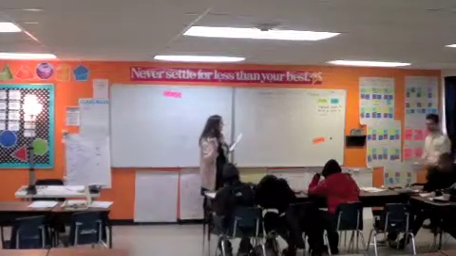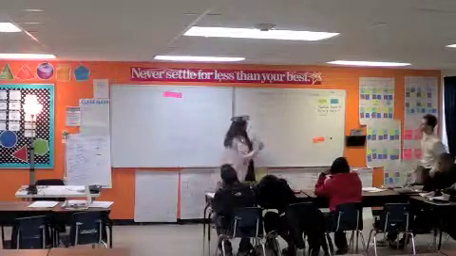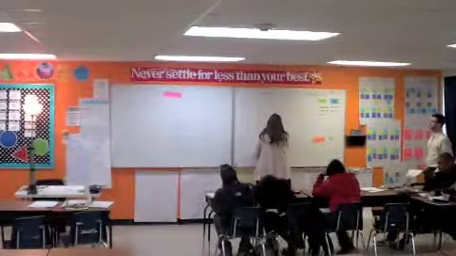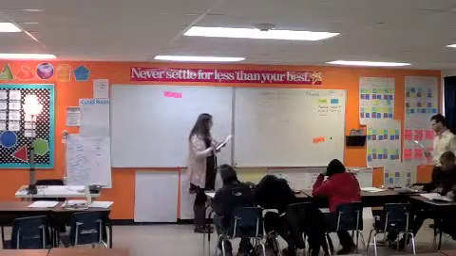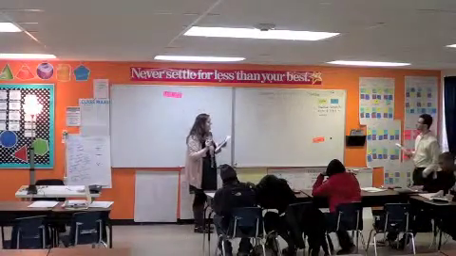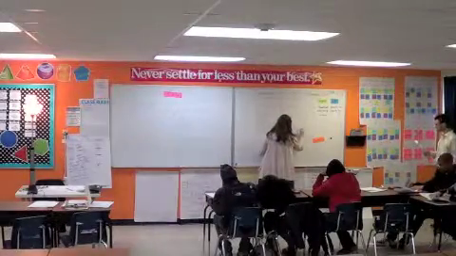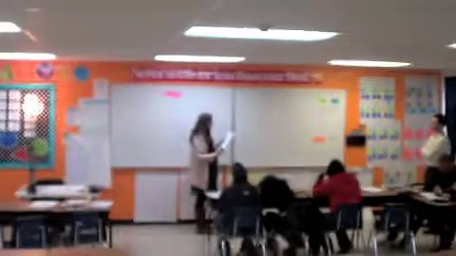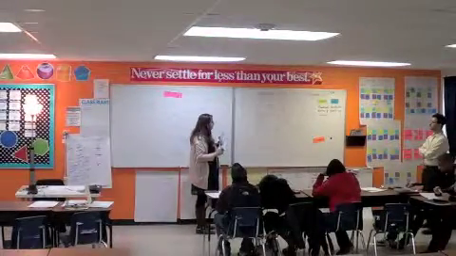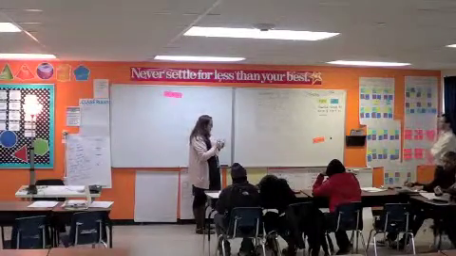The entire distance of his trip was how many miles? 150. That's the entire distance. The entire trip took 3 hours. Find the distance from the airport to the corporate offices. Okay, what do I need to plug in now?